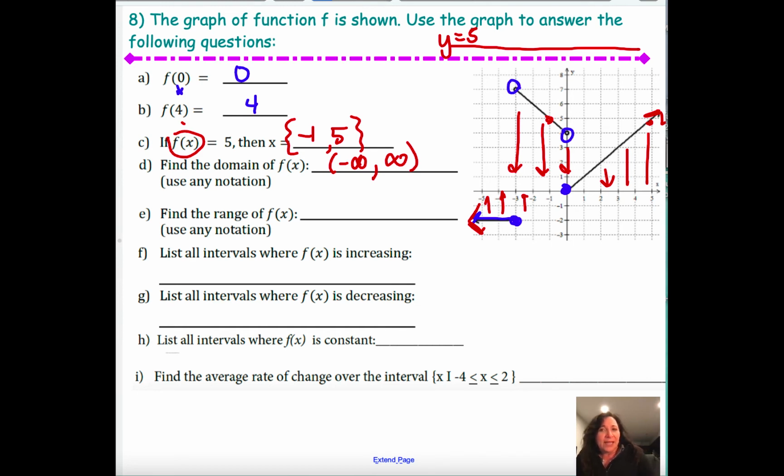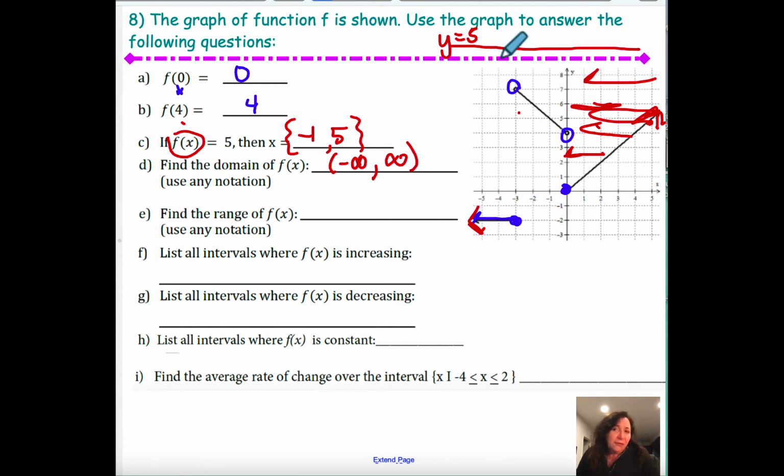Now my range, unlike the domain, which goes to x, my range is going to squish to y. And so all these values are going to squish to y instead of x, okay? And what that's going to look like is all these values here. See, this arrow is going to keep going on forever. These are going to come this way, all over here. And because this is going to go on forever and ever, they're going to cover up any holes.